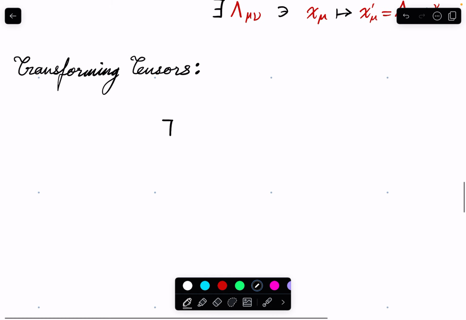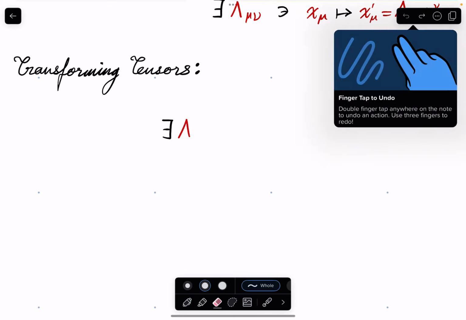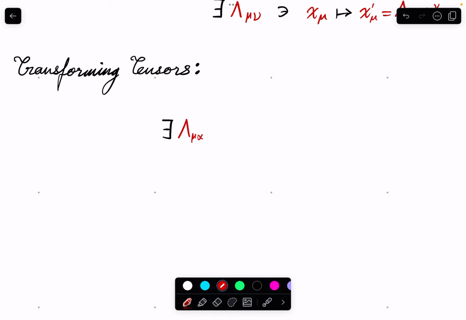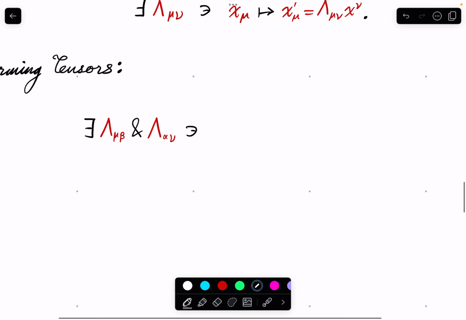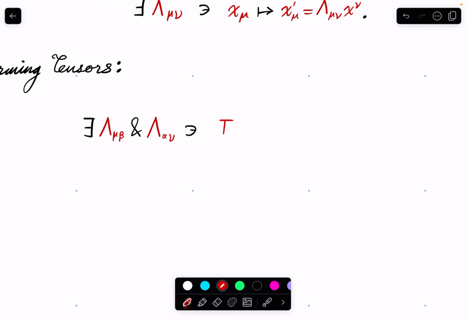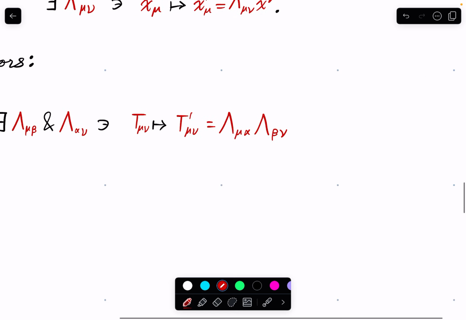And the way that works is there always exist Lorentz transformations, which could just be pure rotations, pure boosts, or combinations, such that some general tensor with indices mu nu will map to a new tensor, and it's equal to lambda mu alpha, lambda nu beta, times the tensor with indices alpha beta.